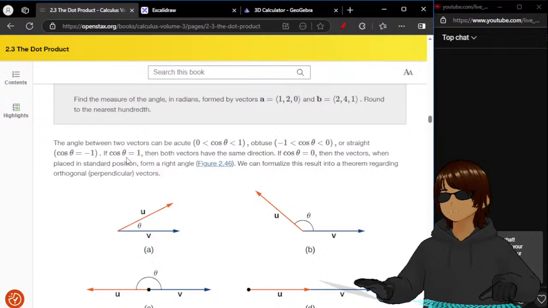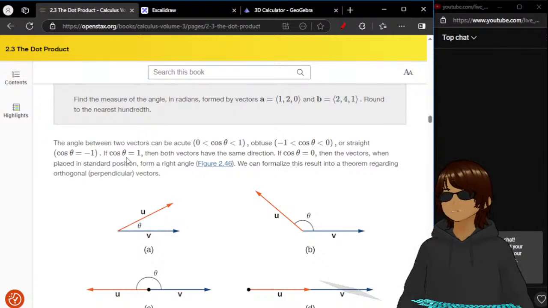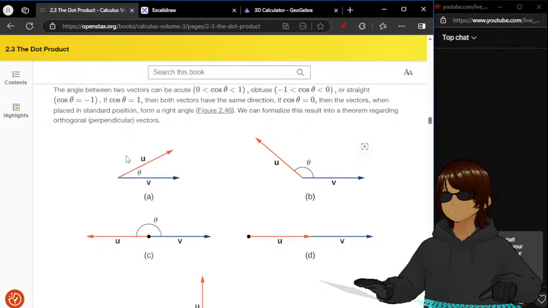The angle between two vectors can be acute, obtuse, or straight. If cos theta is 1, then both vectors have the same direction. If cos theta is 0, then the vectors, when placed in standard position, form a right angle. Okay.